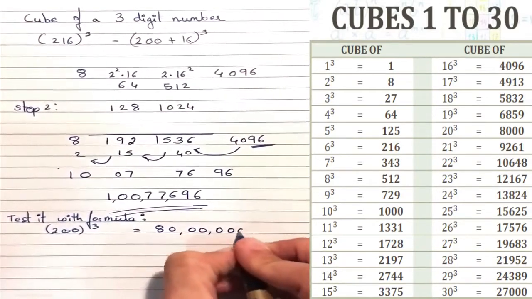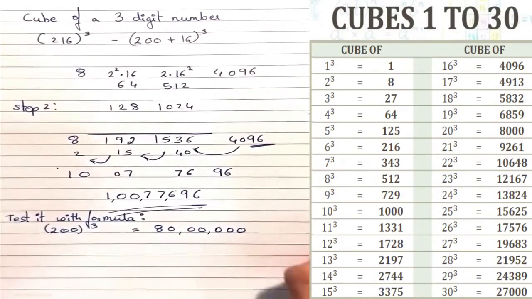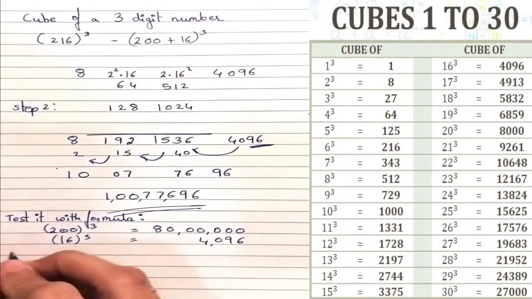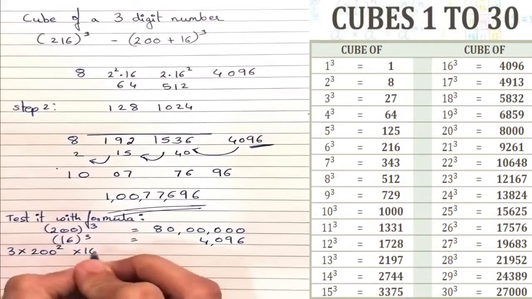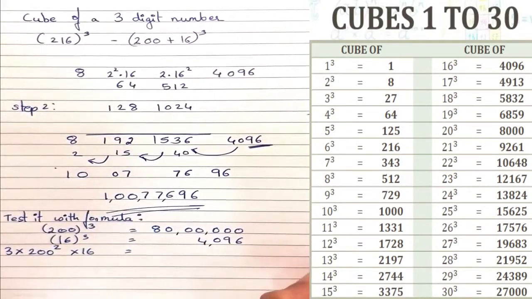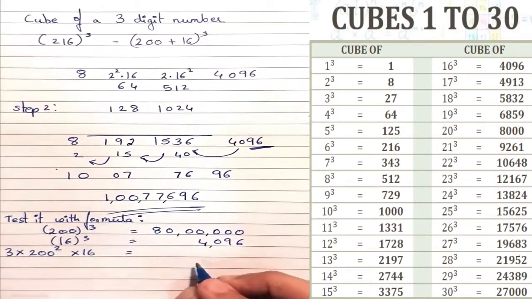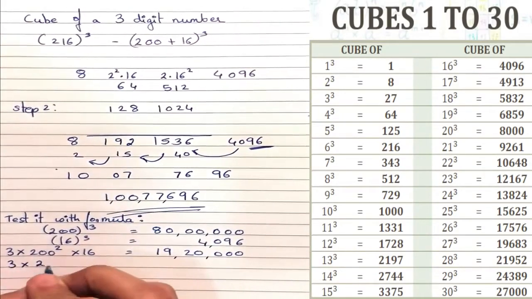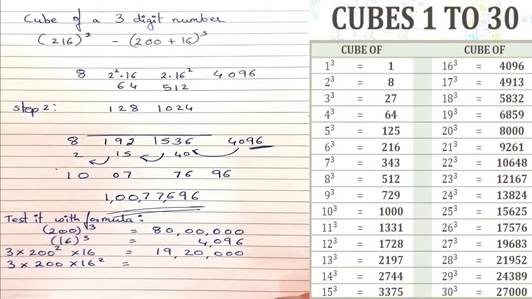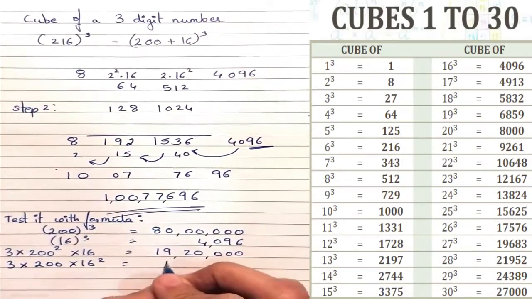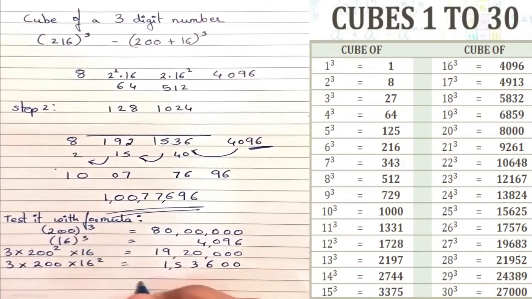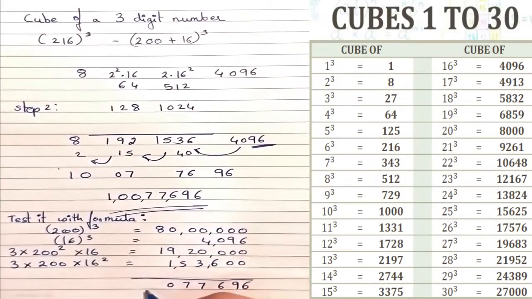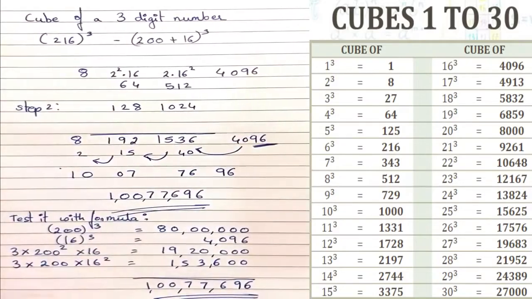So it will be 80 lakhs. Then we have b cube, which will be 16 cube, which is 4096. Then 3a square b, which will come to 19 lakhs 20,000, and 3ab square, which will be 153,600. Now let's add all these numbers. So it will be the same as our shortcut answer.